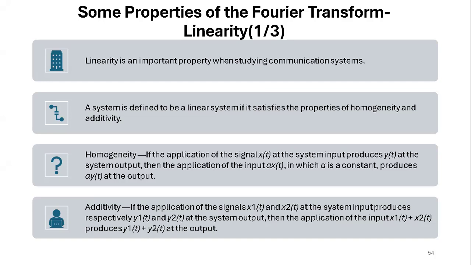Additivity: if the application of the signals x1 of t and x2 of t at the system input produces y1 of t and y2 of t respectively at the output, then the application of the input x1 plus x2 produces y1 plus y2 at the output.